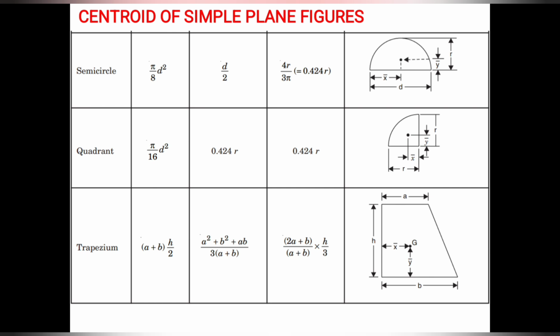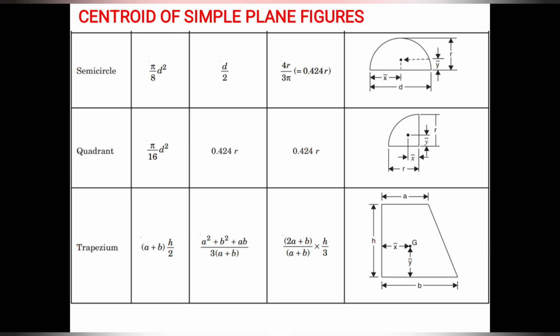In other words, it can be written as 0.424 r. Likewise, for a quadrant, the x bar coordinate is 0.424 r and y bar is also 0.424 r.